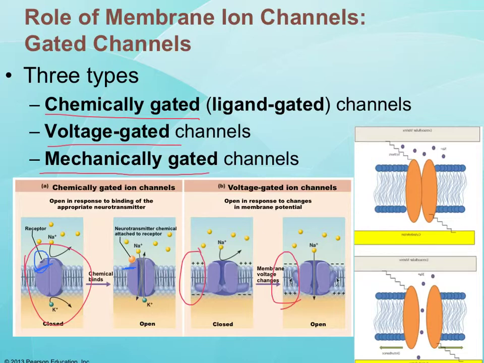You can think of it as being physically pulled open like this. It's normally for sensors of touch, or for the sensors in your inner ear. We have many mechanically gated channels, especially in the sensory organs. Okay, so those are the three types of gated channels inside your body.